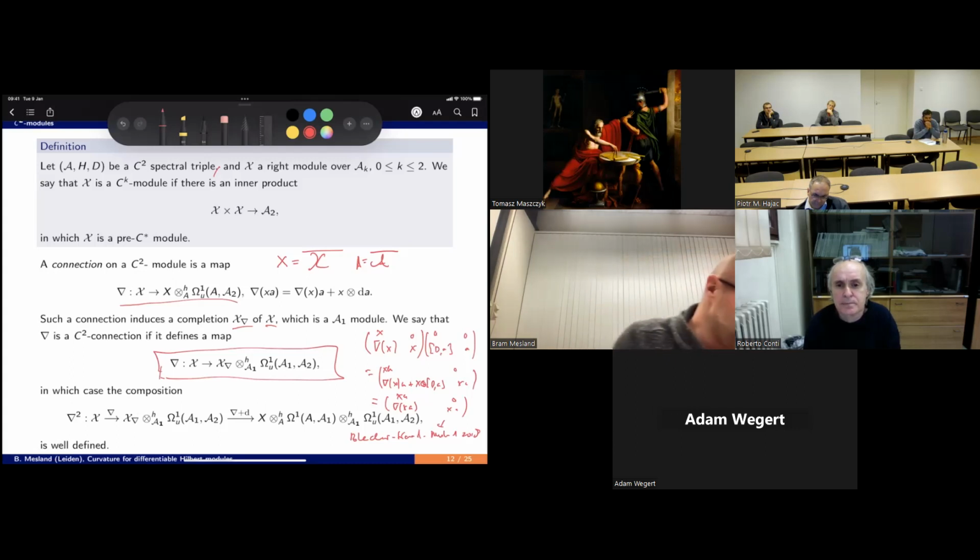I also want to emphasize that this completion here, this X nabla completion, I will comment on this case later, but if you're a finitely generated projective module, then there is a more canonical way of doing this, because then all connections are bounded perturbations of each other, and it doesn't really matter which one you use. You always get the same completion.